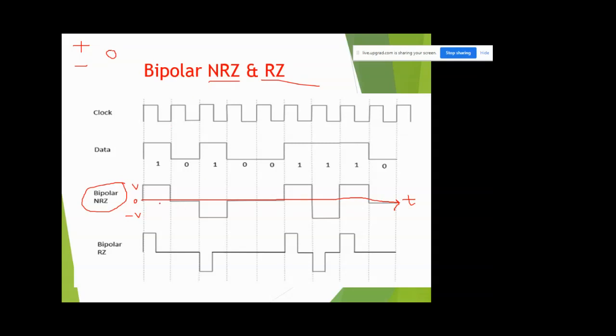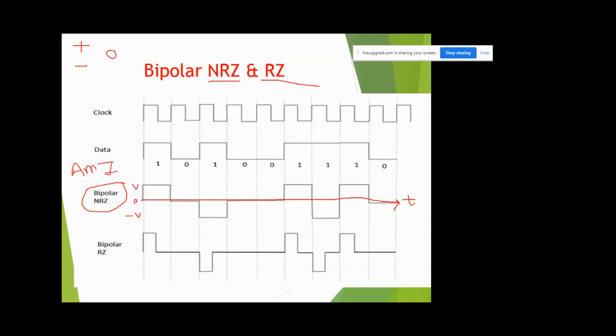So positive for bit 1, 0 for bit 0, but the next bit 1 that comes, its polarity will be inverted, that is minus voltage here. Therefore it is called AMI, alternate mark inversion.